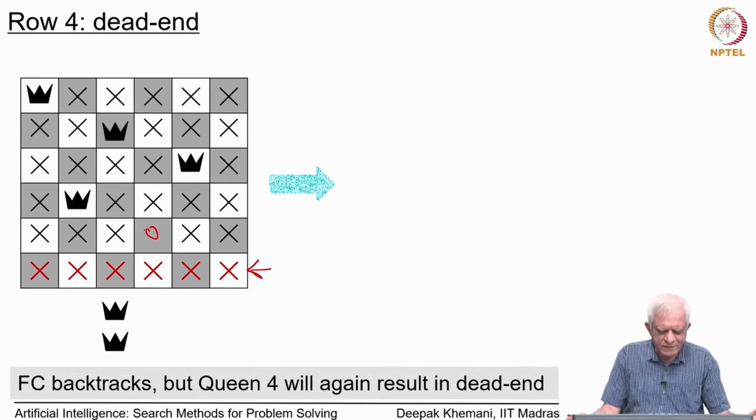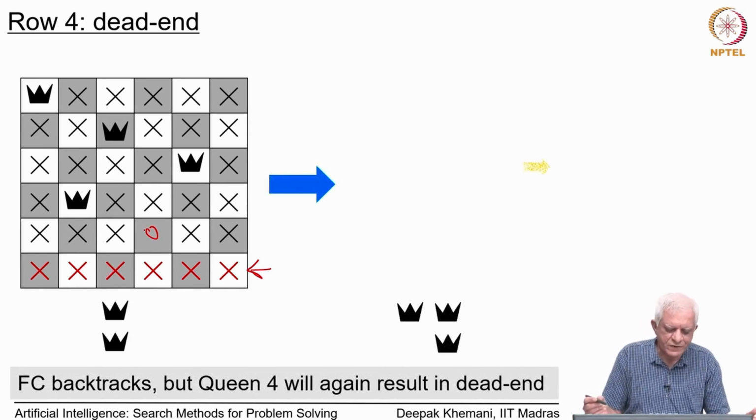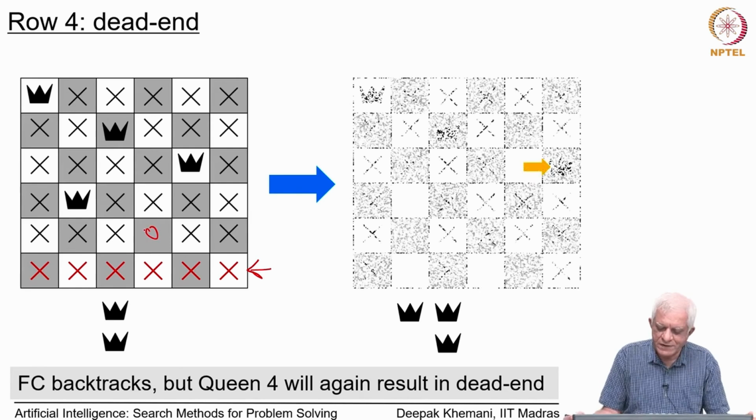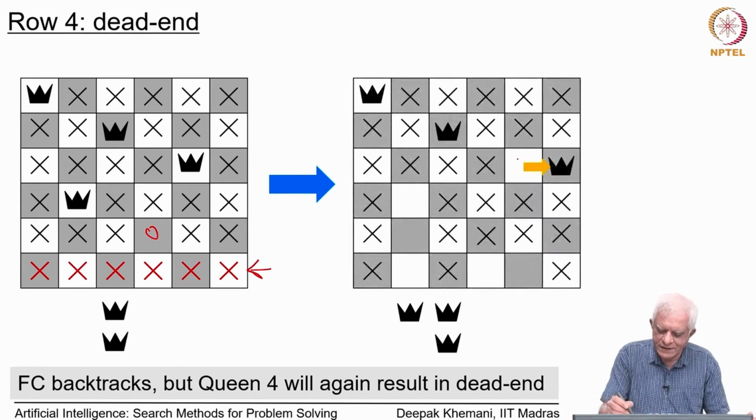So, it will backtrack, it will try a different value for the 3rd queen. So, instead of placing it here, it will now place it here, but as you can see, if you were to place the 4th queen here, then this square would not be available.